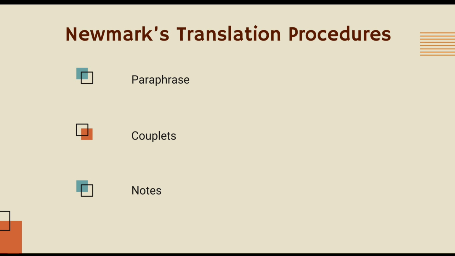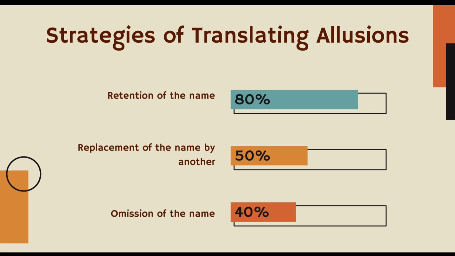Additional information in the translation may take various forms: 1. Within the text, as an adjectival clause, as a noun in apposition, and in parentheses. Strategy of translating allusions.